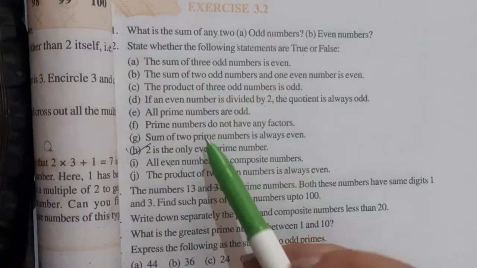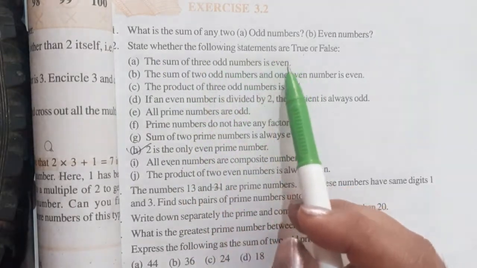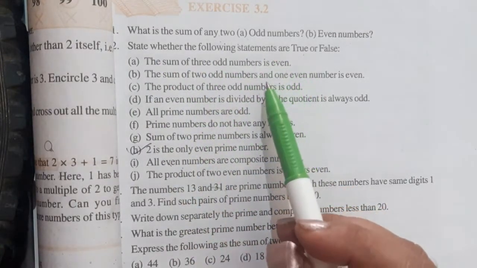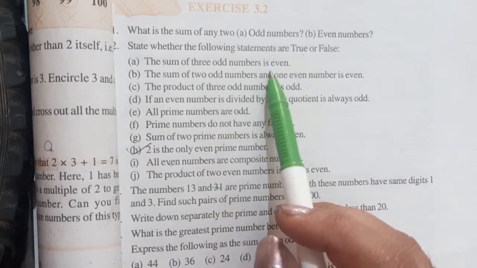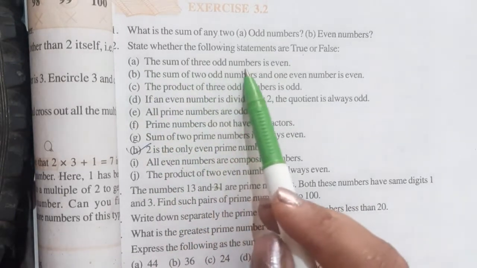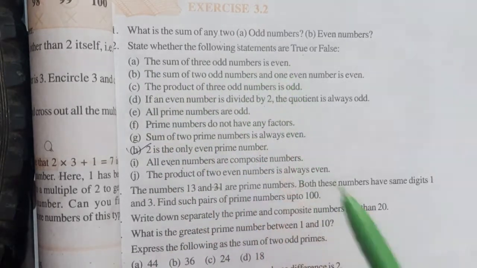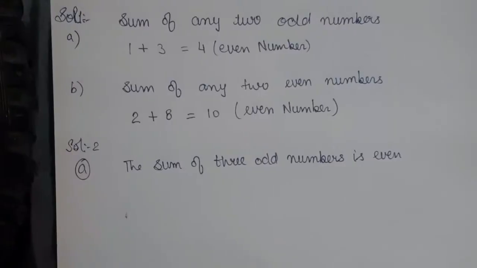In question number 2, we have to find out whether each statement is true or false. So what we have to do is prove each and every statement by taking examples. The first one is: the sum of three odd numbers is even. So we will take any three odd numbers and find out whether their sum is even or not.